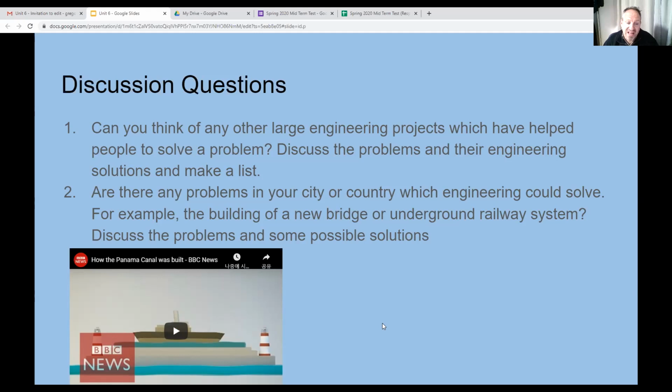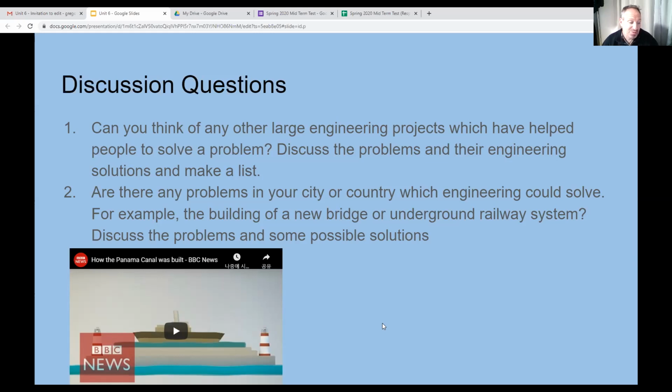I'm sure you know the Channel Tunnel, which is like, I don't know, 30 kilometers long or something. That's obviously a huge engineering project, which means people can drive or put their cars on a train when they travel between England and France.